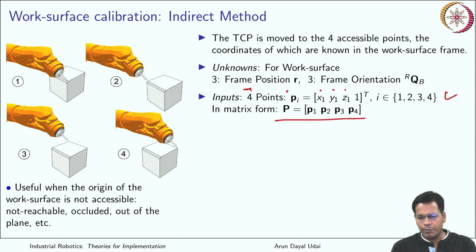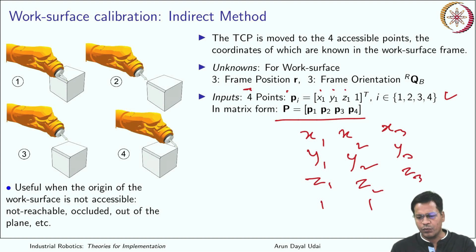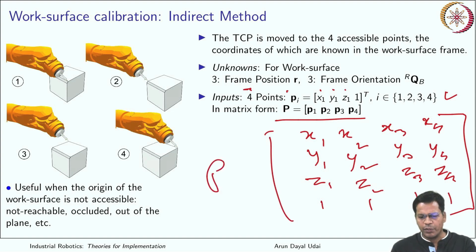So it's a capital P arranged in a matrix way, like x1, y1, z1, 1, x2, y2, z2, 1, and similarly x3, y3, z3, 1, x4, y4, z4, 1. So this becomes your P matrix.